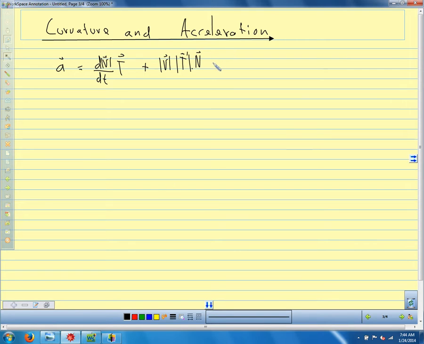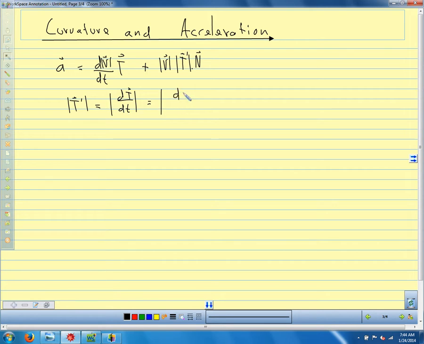Let's look at T prime, because we talked about T prime in relation to the curvature. So the magnitude of T prime, we know, is the magnitude of dT/dt. And we can write this in terms of our arc length parameter.